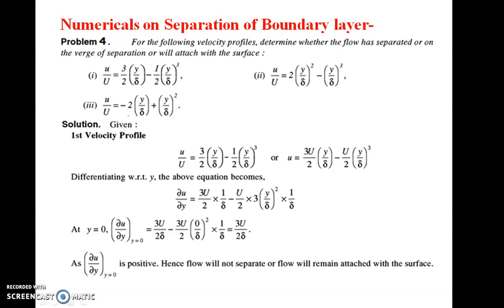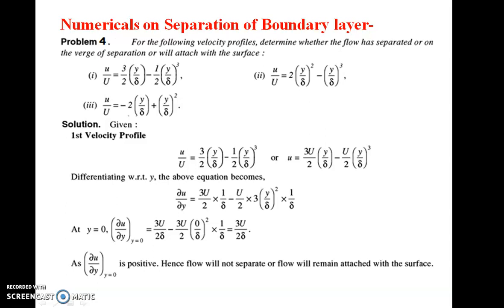You just have to take the velocity u in terms of the capital velocity U, y and delta. So if you see the first case, small u is equal to 3U by 2 into y by delta minus U by 2 into (y by delta) cube.